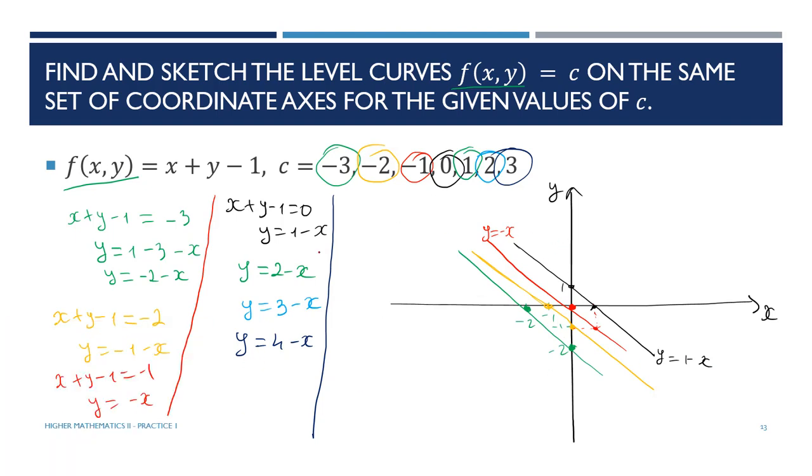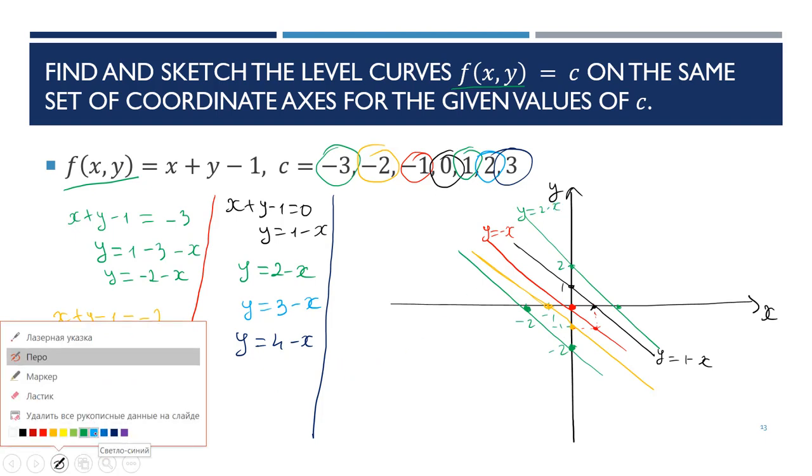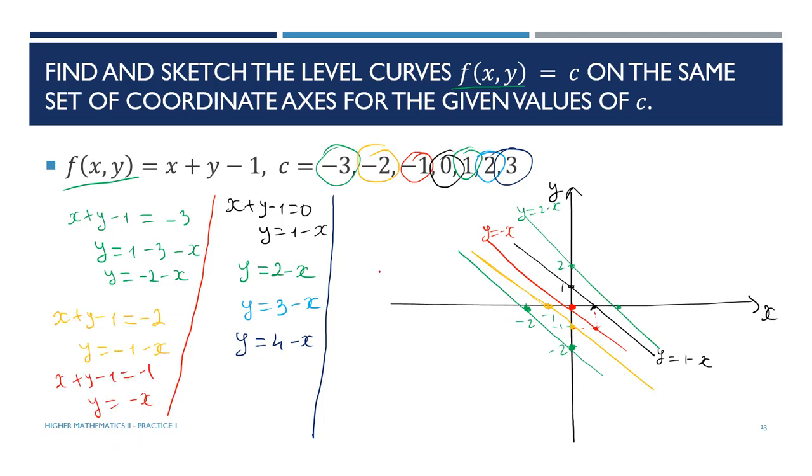And the green one, when I plug in 0 here, I will get y equals 2. And when I plug in 0 there, x will be 2. Okay, this point. y equals 2 minus x. Next one gonna be y equals 3 minus x.